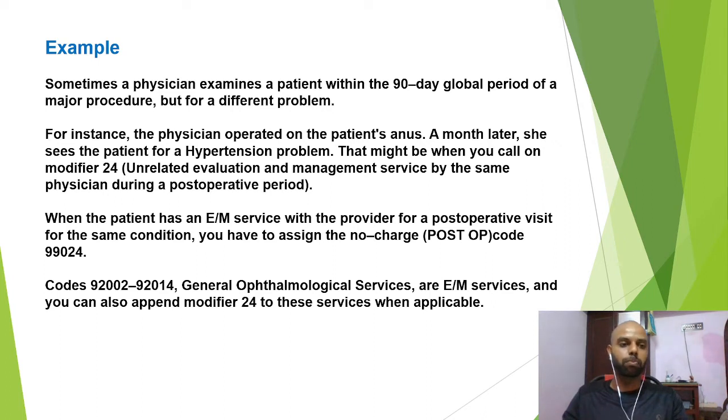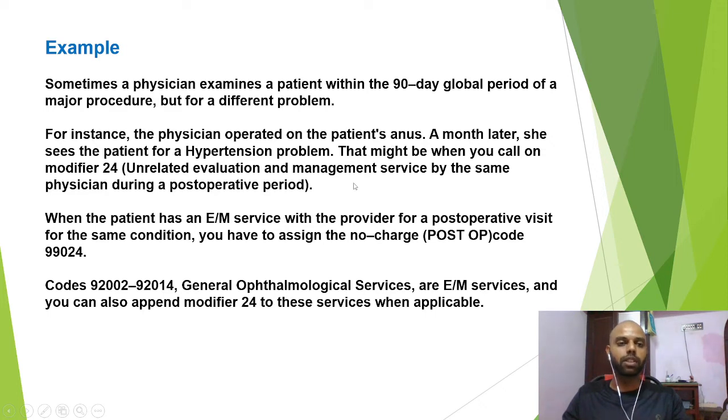When the patient has an E&M service with the provider for a post-operative visit for the same condition, you have to assign the no charge code, that's the post-op CPT code 99024. If the patient is coming today for a follow up on the patient's procedure done on the anus, that is a related procedure.